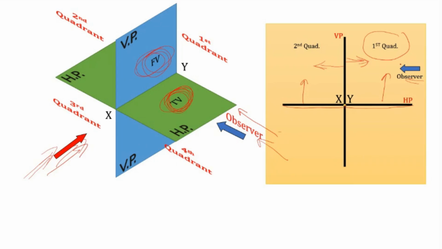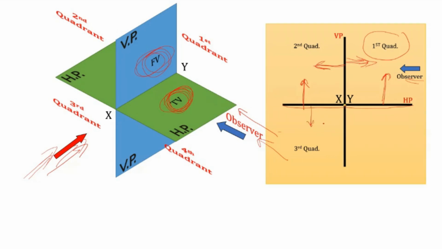Since observer is standing here, VP is here, and if the object is in between observer and VP, it is said to be in front of the vertical plane. So here in the first quadrant it is in front of VP and above HP, and in the second quadrant it is above HP and behind VP, and in the third quadrant, what is the condition?